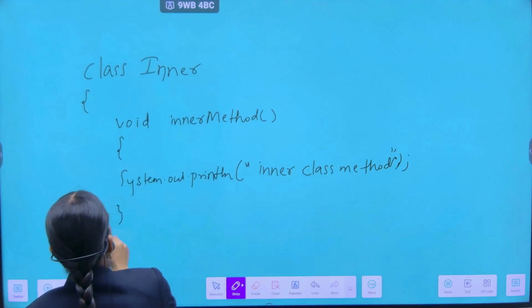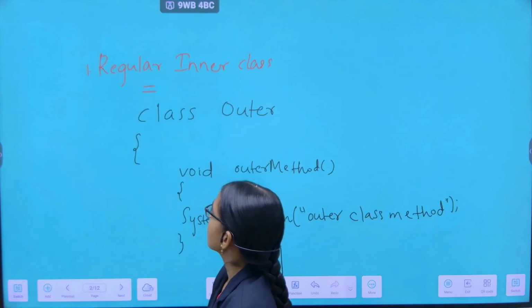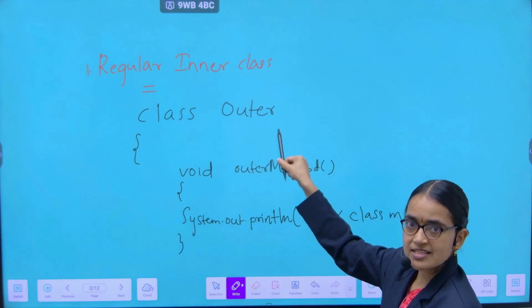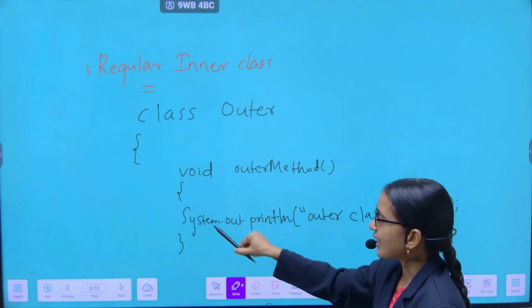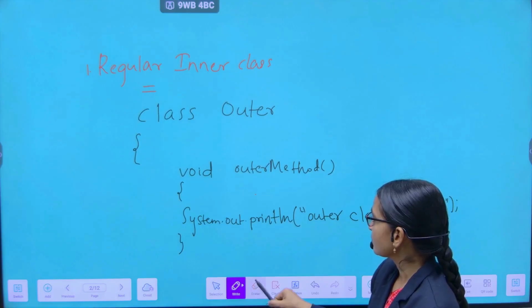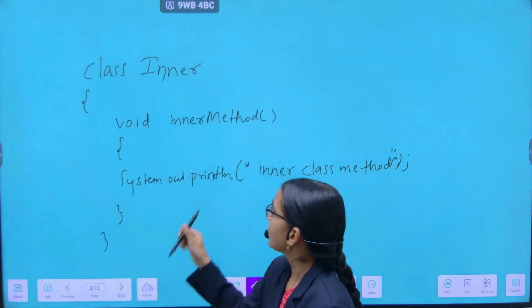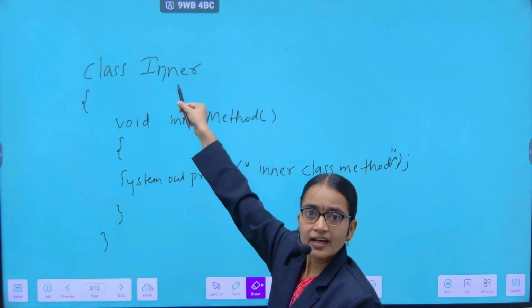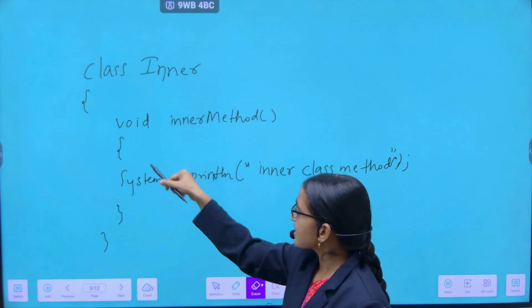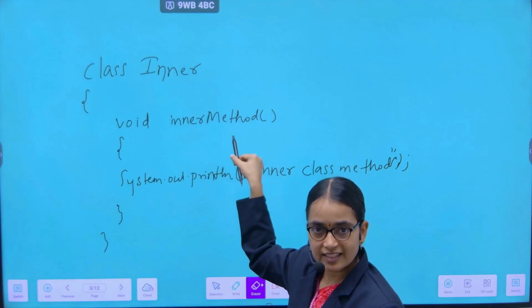If you see the previous slide, your first user defined class is an outer class which contains its corresponding method, outer method. It also contains an inner class, which I have named inner, containing its corresponding method, inner method.